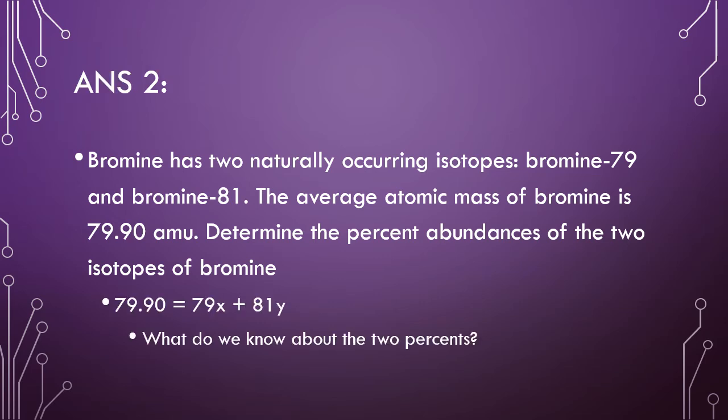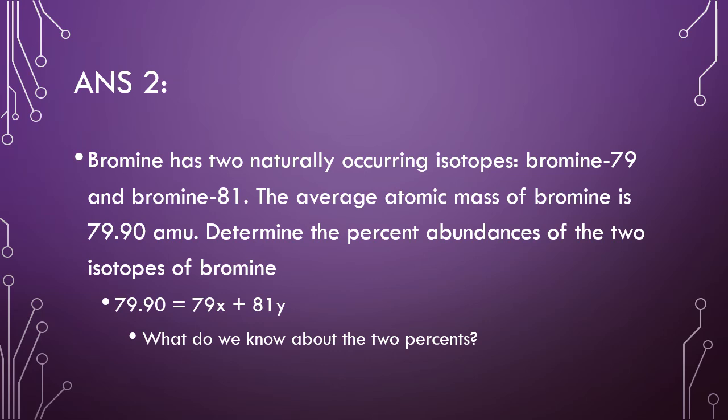So let's plug in what we already know. We know that the average mass, 79.90, will be equal to 79 times whatever the percent abundance is for bromine 79, let's call it X, plus 81 times, let's call it Y, for the percent abundance for bromine 81. We don't currently know what either X or Y is.